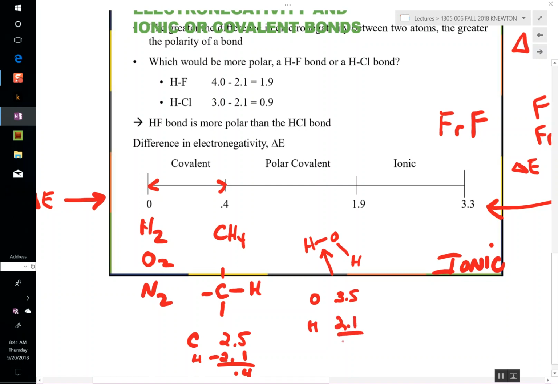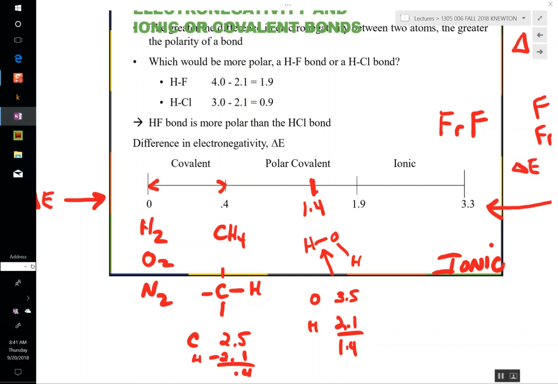Hydrogen is 2.1. Their difference is 1.4. Water is made up of two hydrogen-oxygen bonds. They are polar covalent bonds, which results in a polar covalent molecule, H2O, a polar molecule.